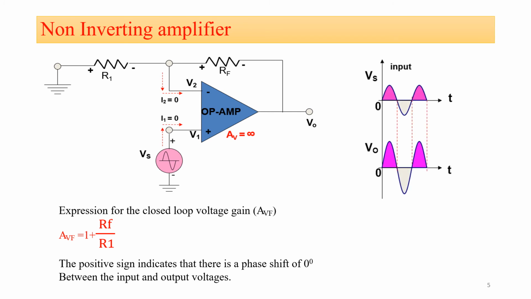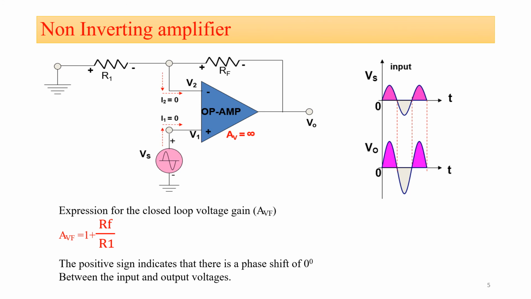Now the figure shows the input and output waveform of the non-inverting amplifier. Now consider Vs equals 1 volt, Rf equals 10 kilo ohm and R1 equals 1 kilo ohm. So what will be the output voltage? Your output voltage will be equal to 1 plus 10 kilo ohm upon 1 kilo ohm into 1 volt, means 1 plus 10 by 1, that is 11 volt.